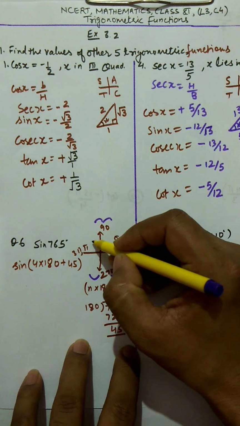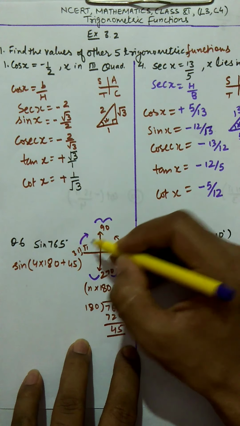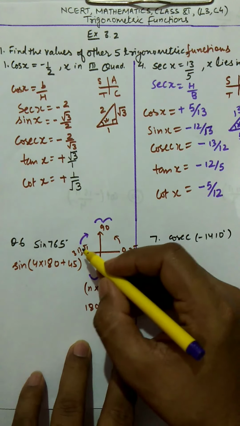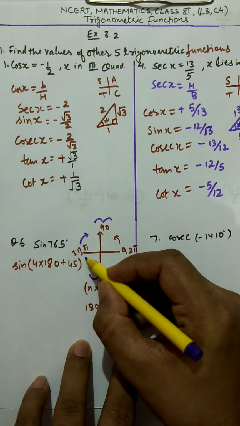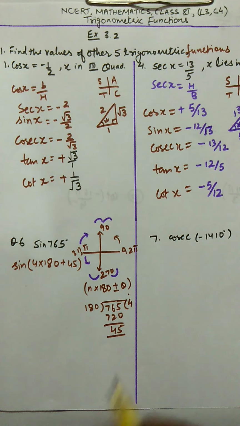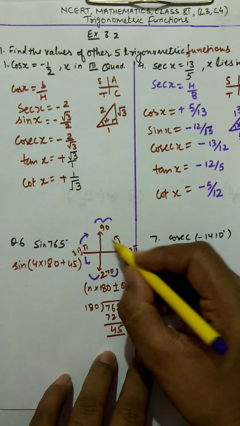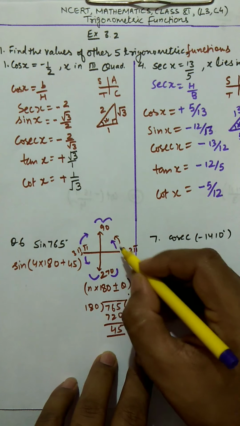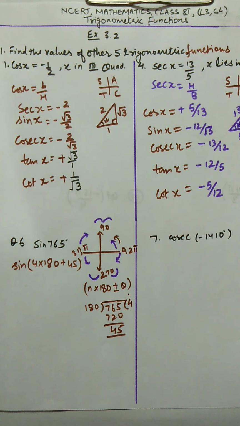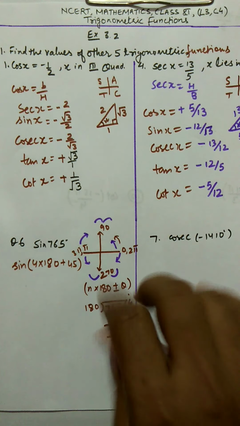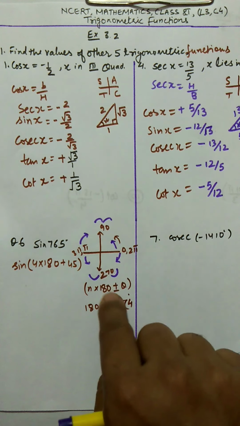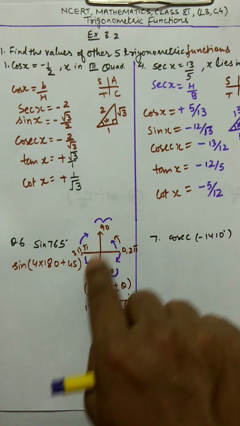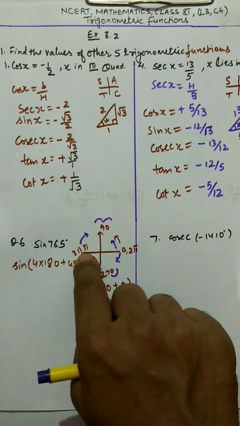You see, you can go to the second quadrant from this also, 180 minus something, or if you want to go to the third quadrant, you do 180 plus something. In all the quadrants, we can go with the help of 90 as well as with the help of this horizontal line.